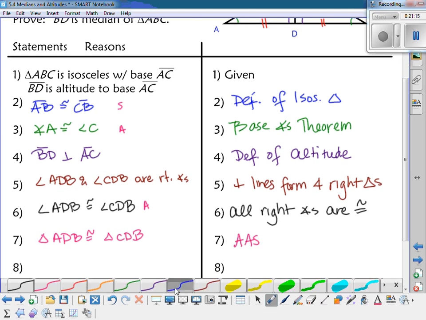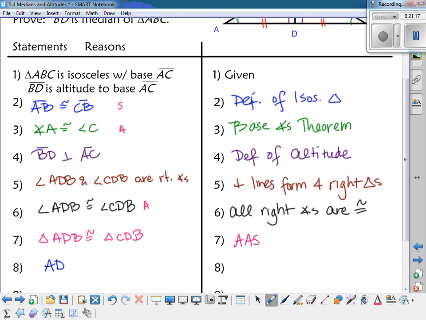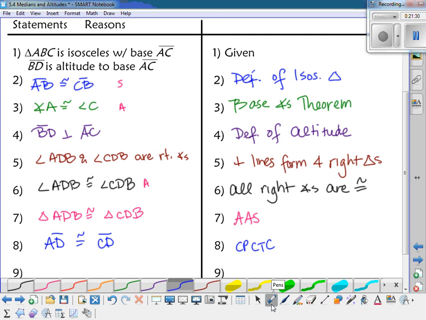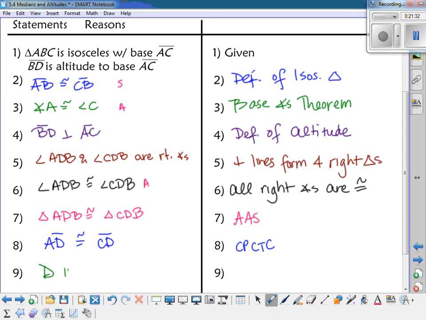So for step 8, AD is congruent to CD by CPCTC. And if those two are congruent, that means that D is the midpoint of AC.